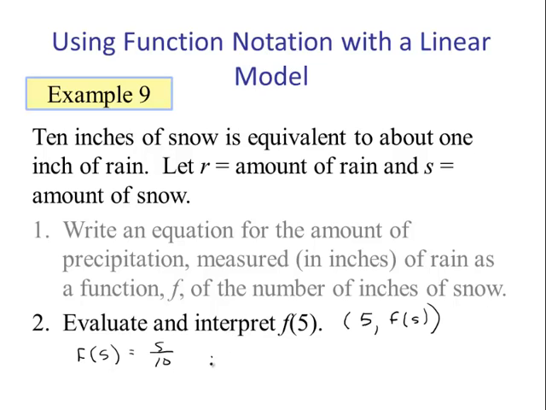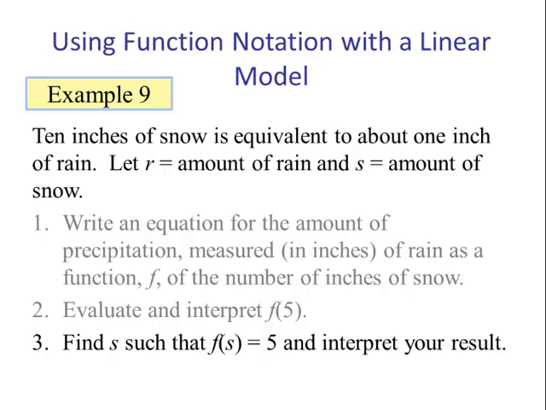So in this case, if we find f of 5, that is going to be 5 divided by 10, and of course we know that is 1/2 or 0.5. So to interpret this, we would say when there is 5 inches of snow, when s is equal to 5, the amount of rain, or r, is equal to 0.5.